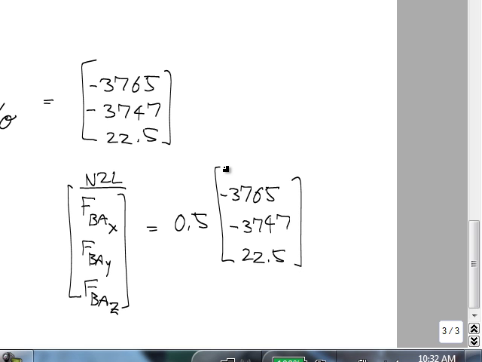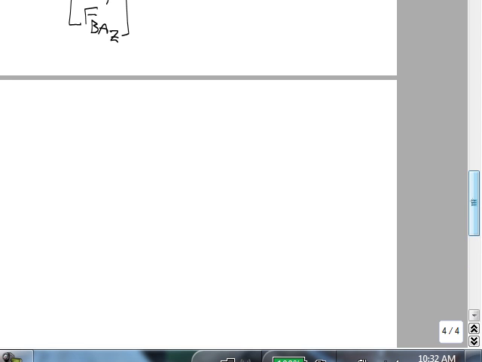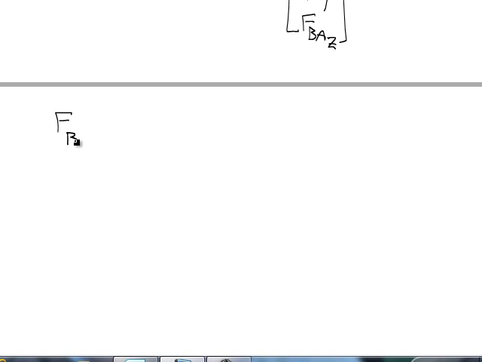And so then you can calculate the force on the ball by the arm is equal to about negative 1880, negative 1870, positive 11.